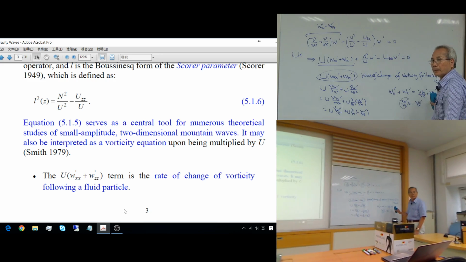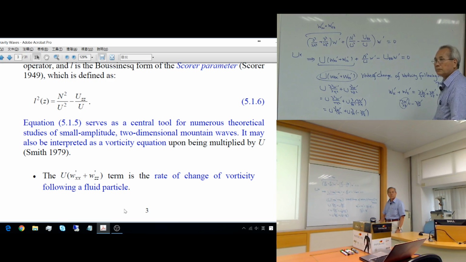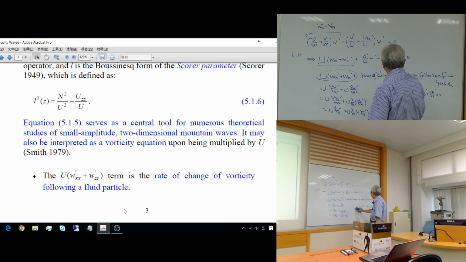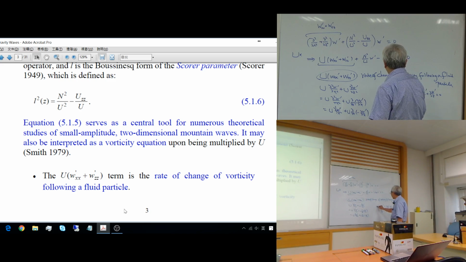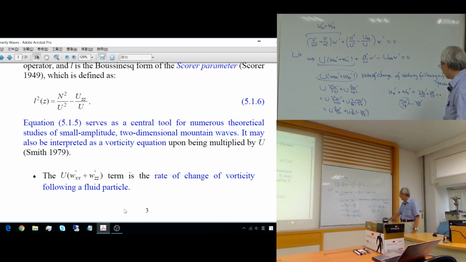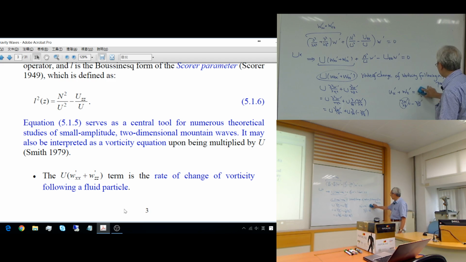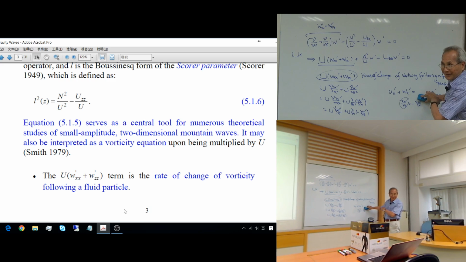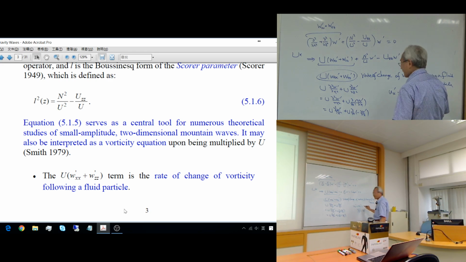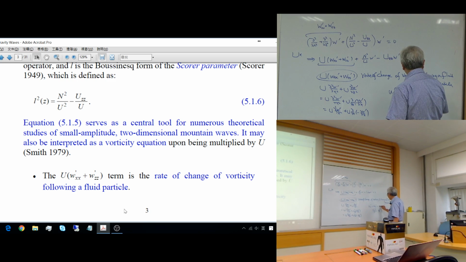I don't know why this equation is a continuity equation. Continuity equation should be partial u prime partial x. Oh yeah, that's right, that's very good. I did it on purpose. Looks like some people are sleeping.